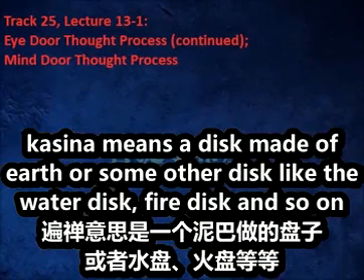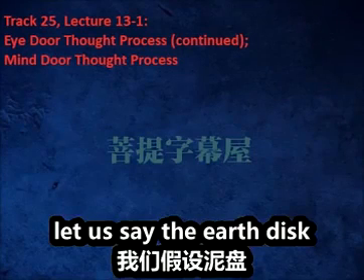So kasina means a disc made of earth or some other disc, like the water disc, fire disc, and so on. So let us say the earth disc.